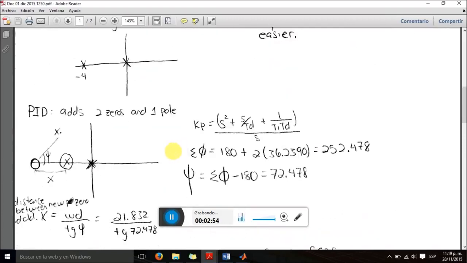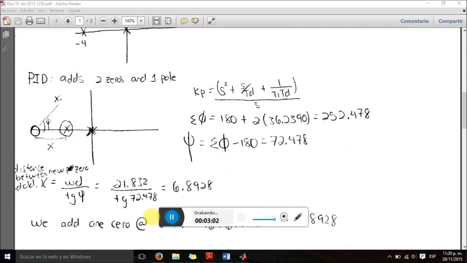So now we have the formula of the KP, and we use the departure angle formula in order to then, with the contributions that we obtain, we can achieve the arrival angle required from this desired pole to this 0.